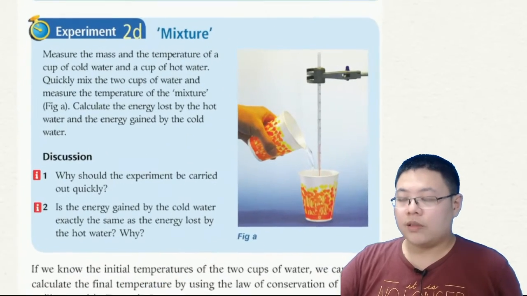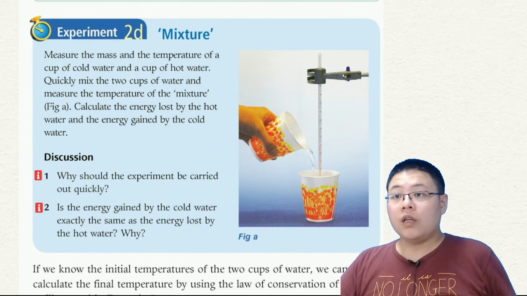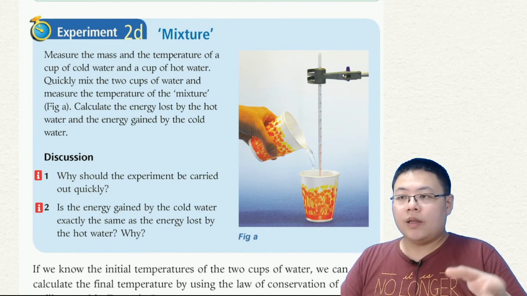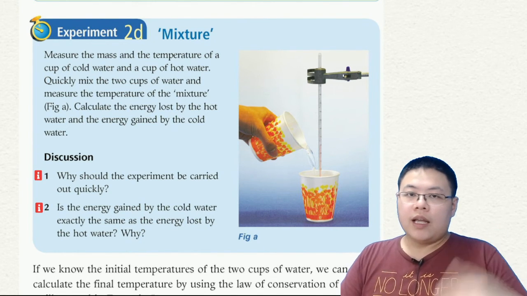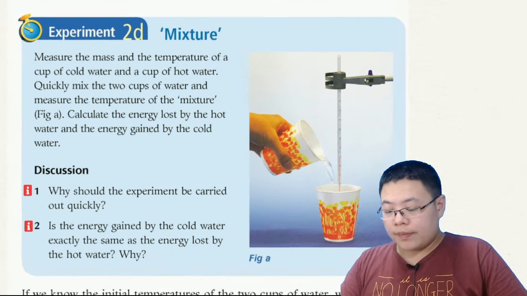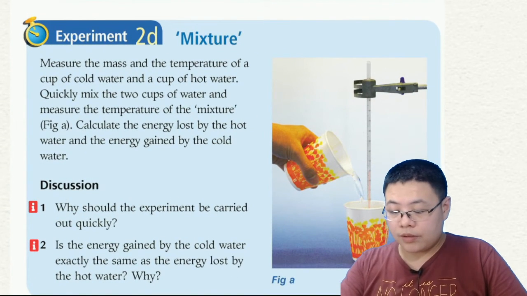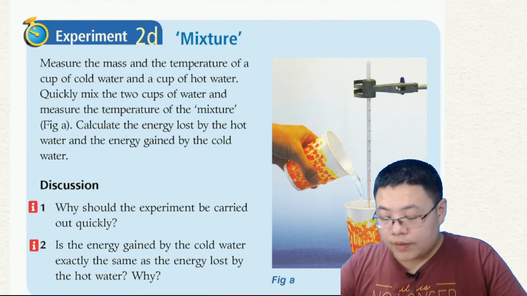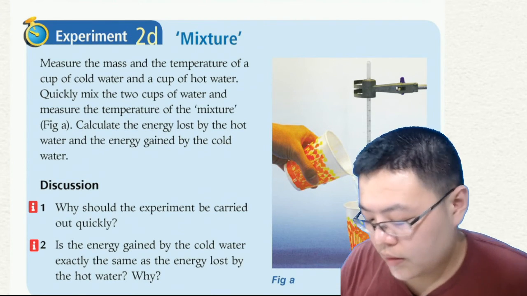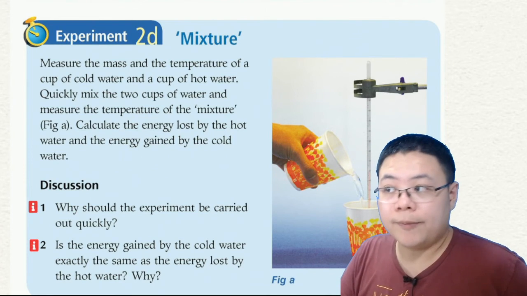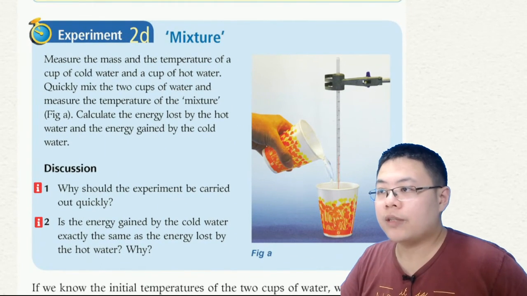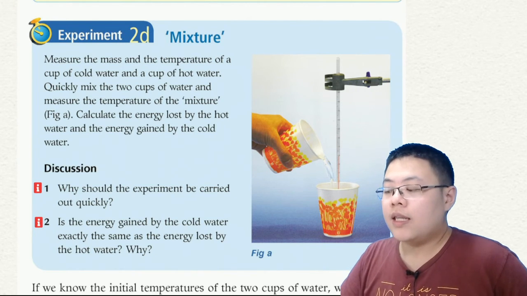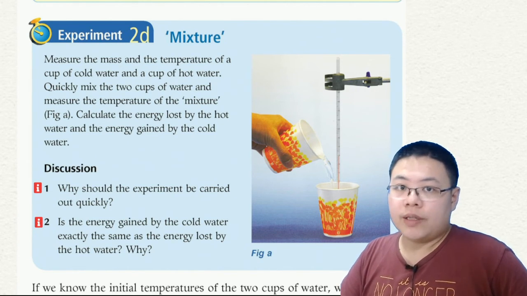And then let's have a look at this box. Why should the experiment be carried out quickly? Okay, I let you think about it for a moment. Measure the mass and temperature of cold water mixed together. Do you know why it should be quick? Usually, when we are asked to perform an experiment in a certain way, it is related to accuracy.